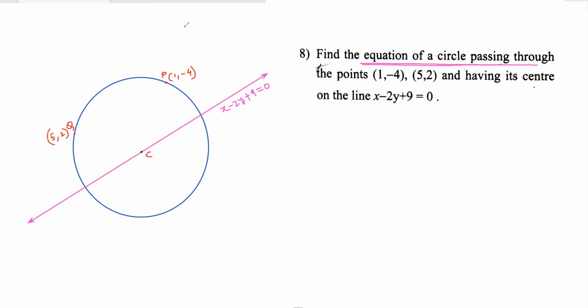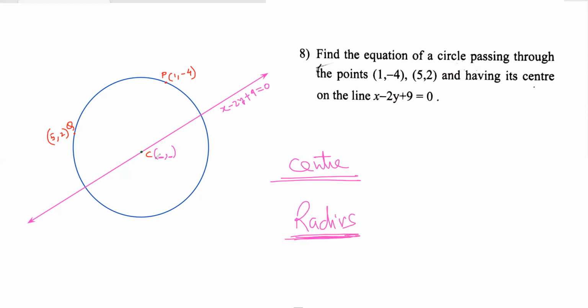Now students, I know a very simple thing. If I want the equation of a circle, then I must know the center of the circle. I should have the coordinates of the center, the x coordinate and the y coordinate. And what more? I should have the radius of the circle. I do not have the radius also.